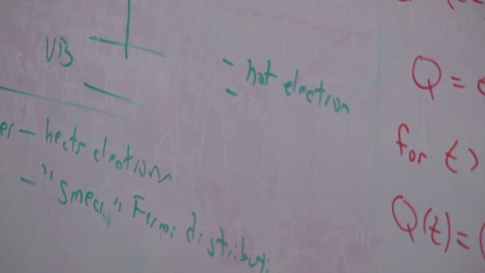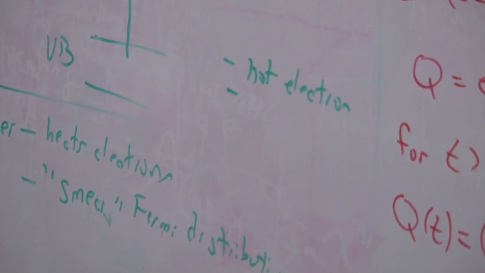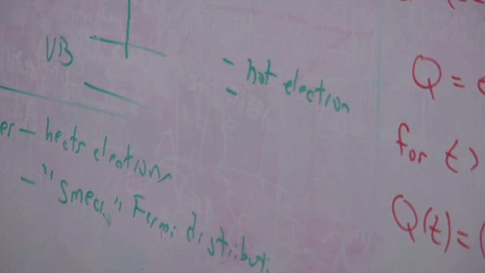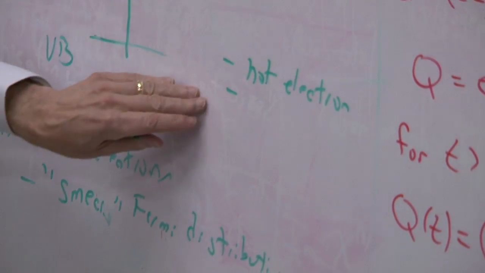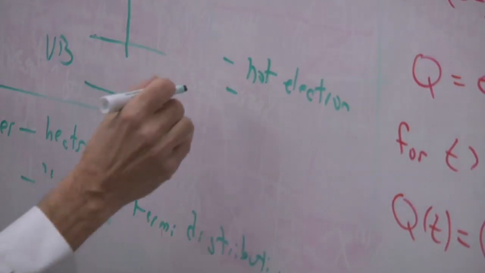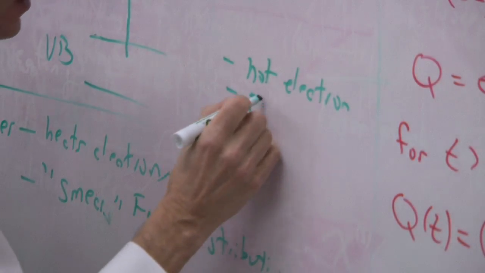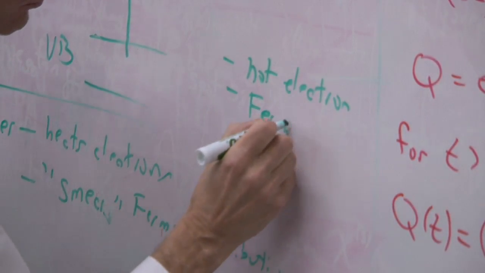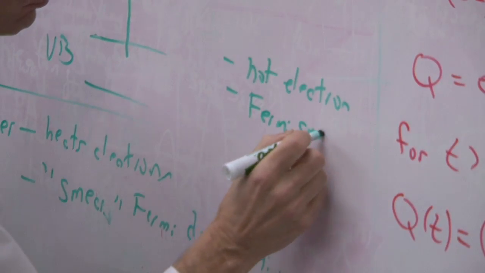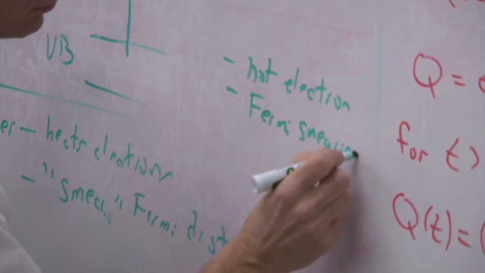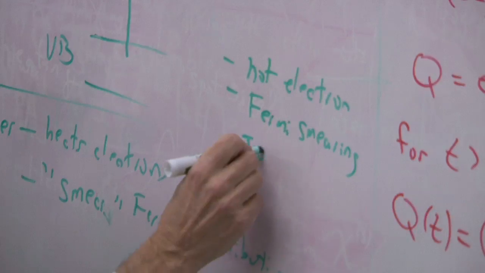I will tell you all 3 of them. Then you can at least pretend to be knowledgeable. I'm joking, but I'm not joking. If you don't know the name of something, how do you even do a Google search on something if you don't know what to call it? This is called the hot electron model, or it's called the Fermi smearing model. Or it's called the two-temperature model.